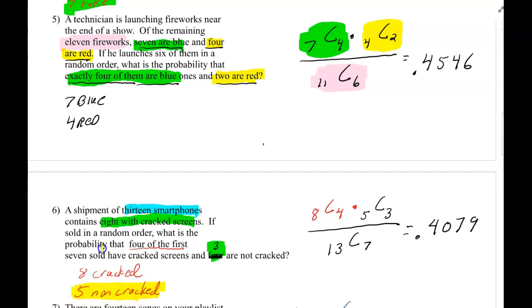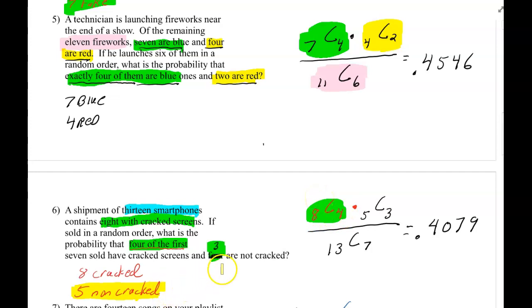And you're going to randomly pick 4 of them. Let me reread this question. If sold in a random order, what is the probability that 4 of the first 7, so you're picking 7 of them, 4 of the first 7, so 4 out of the 8 have cracked screens. So the first part of the numerator is 8 choose 3 for favorable.